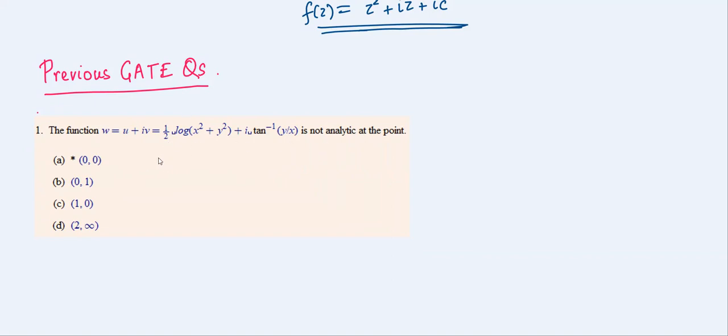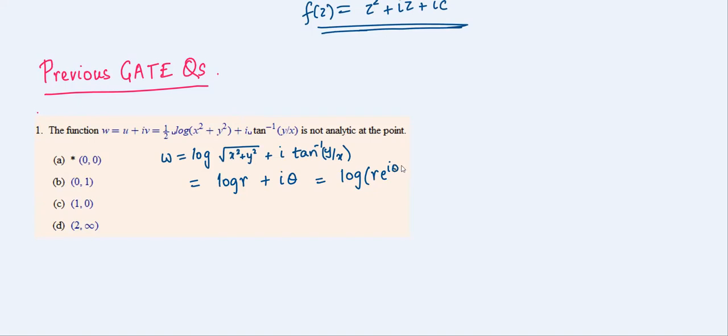If we observe carefully, this is log of under root of x square plus y square plus i times tan inverse y by x, which is theta, basically. So this is log r plus i theta.